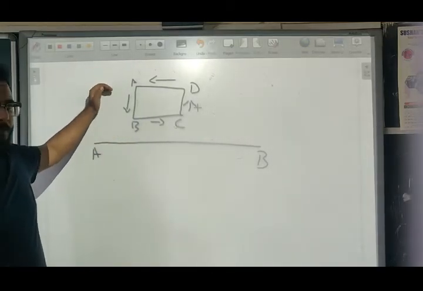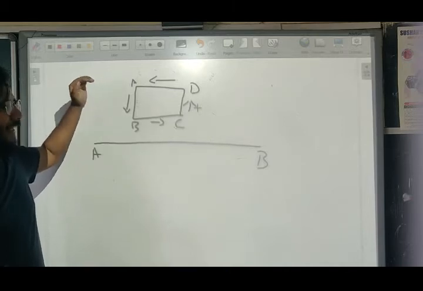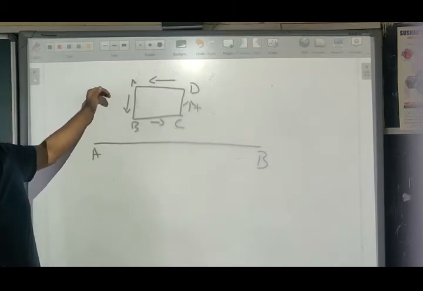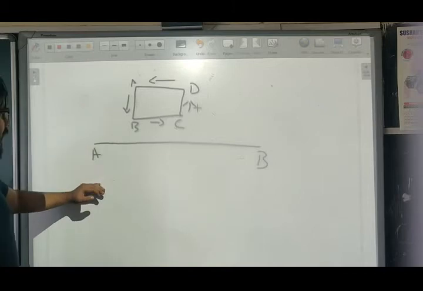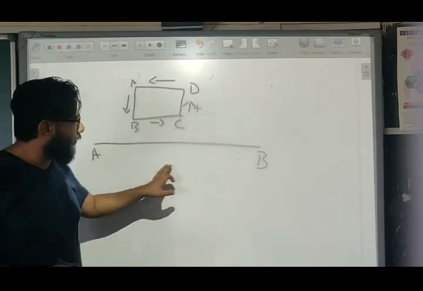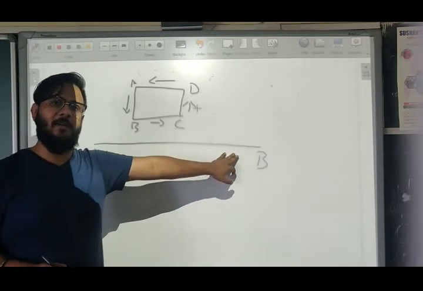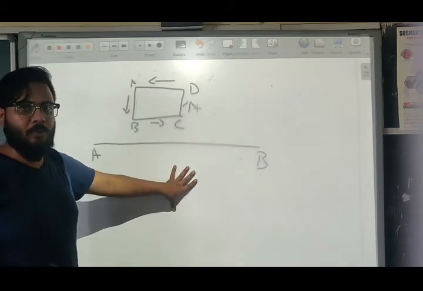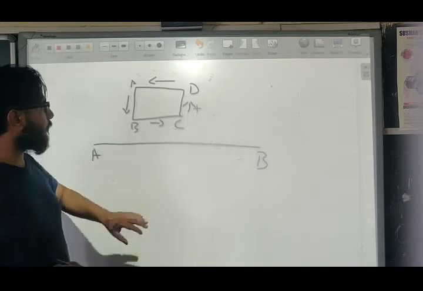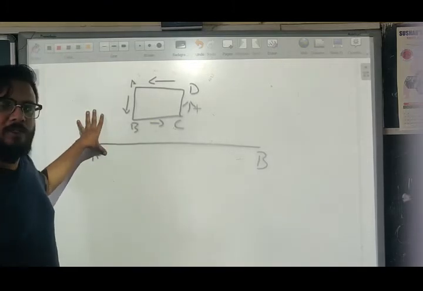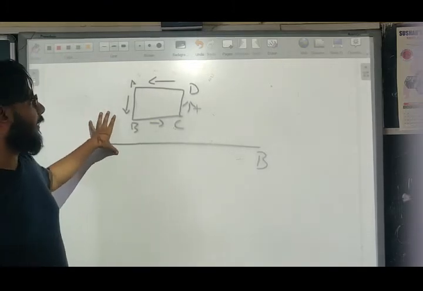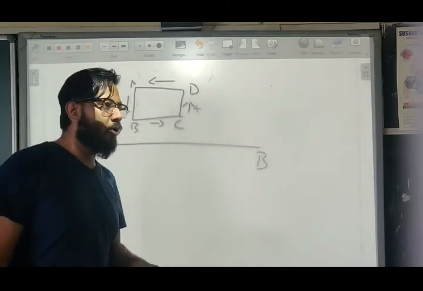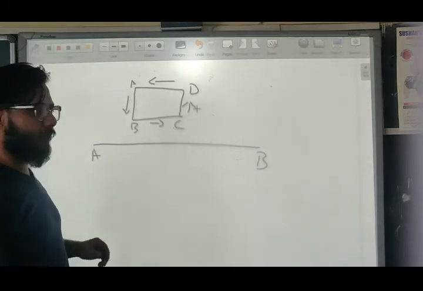If the body starts and ends at the same point, then displacement is 0. But if the path covered is a straight line, then the distance and displacement are going to be equal. And these are the only two scenarios that you need to know for now.